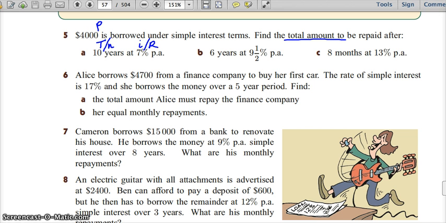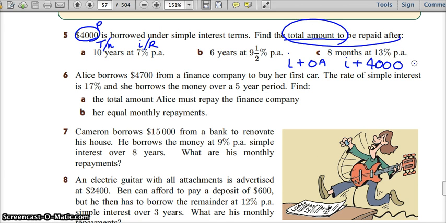You find the interest and then add it to the original amount. Whatever the interest turns out to be, plus the original amount of 4,000, is how you get your total amount to be repaid.